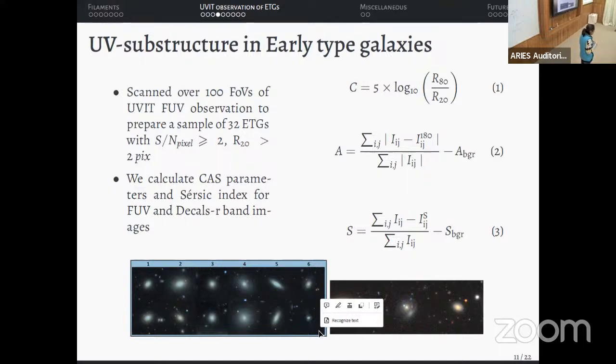It does not matter. In this case, we take a flexible aperture. It's not fixed.